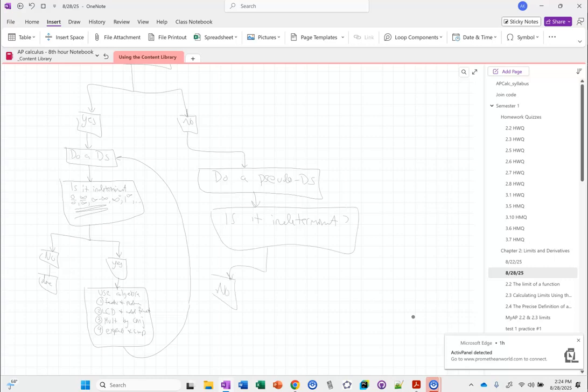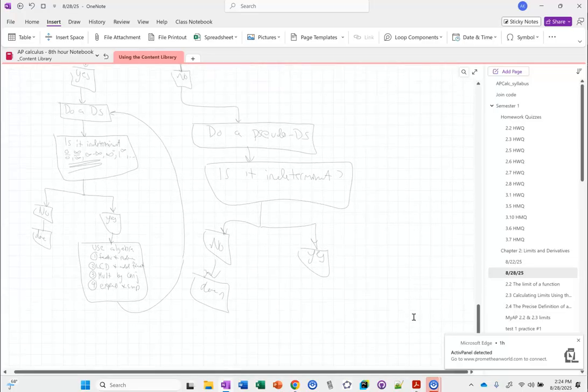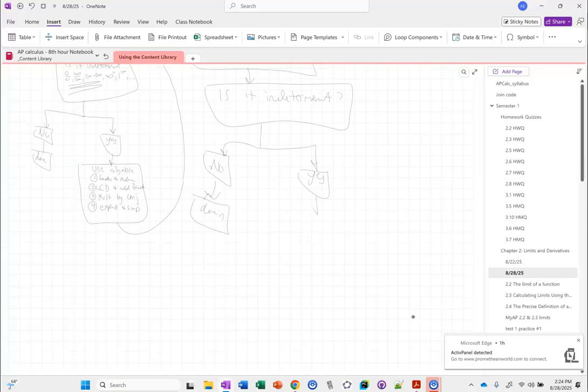If it's no, then you're done. If it's yes, we're just going to use growth rates. And that should get us to the finish line, right?